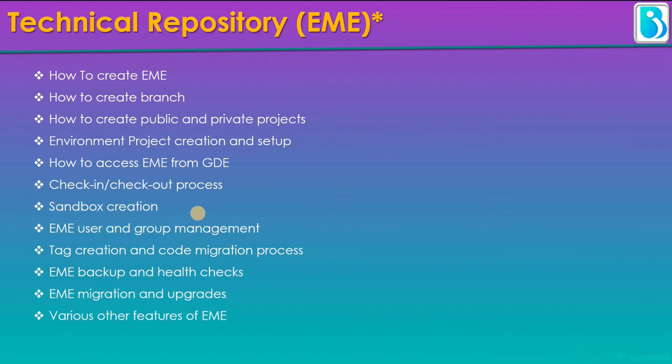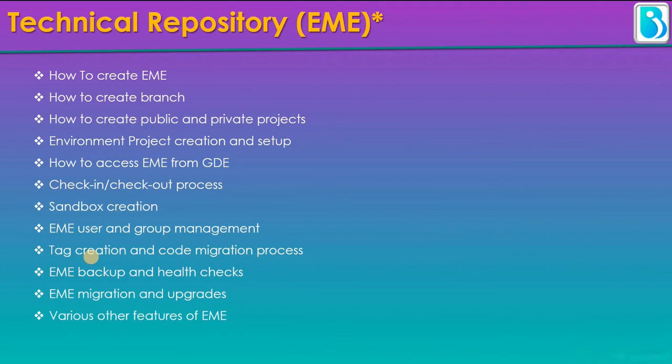And how do we create a tag for objects and projects, and the code migration process. That is, how to create a tag and the code migration process using EME.